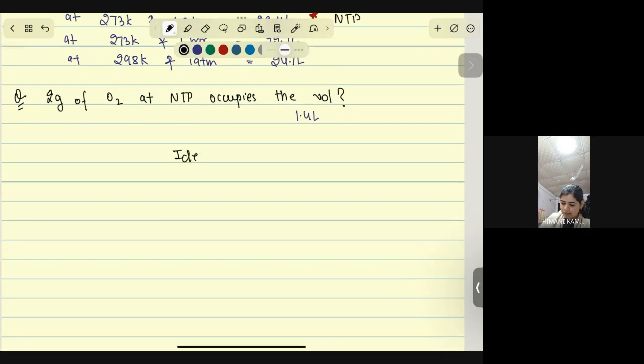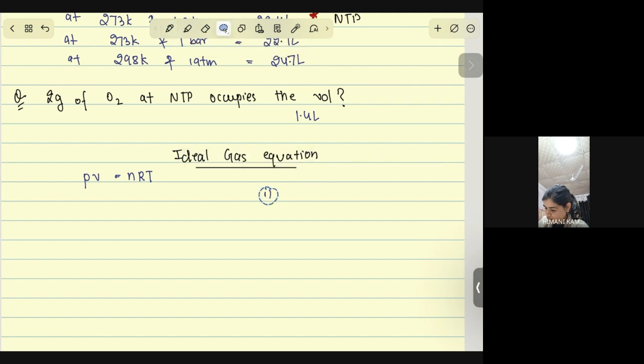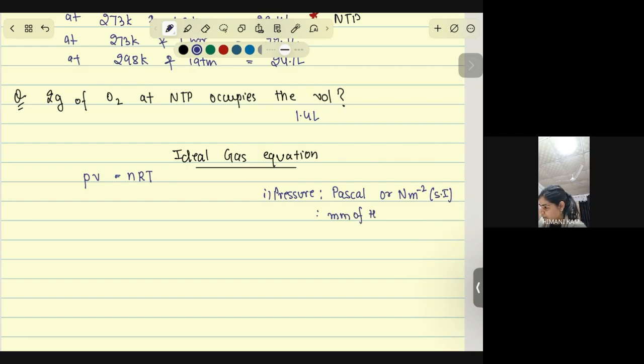So now we will talk about the ideal gas equation. The ideal gas equation is PV is equal to nRT. For that, write some of the units. For pressure, it is Pascal or Newton per meter square as SI units, or mm of Hg, atm or bar.